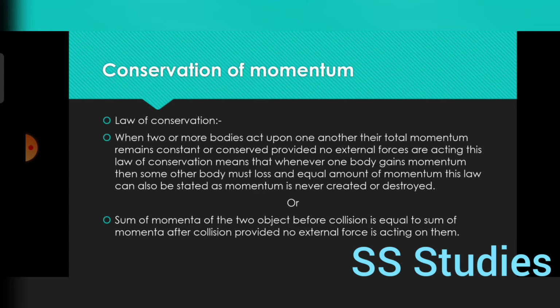This law can also be stated as: momentum is never created or destroyed. Or otherwise, the sum of momentum of the two objects before collision is equal to the sum of momentum after collision, provided no external force is acting on them.